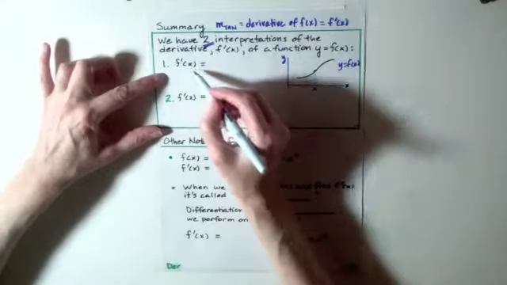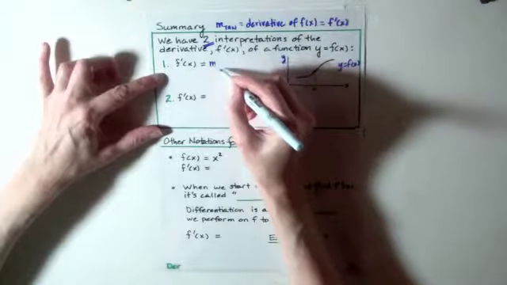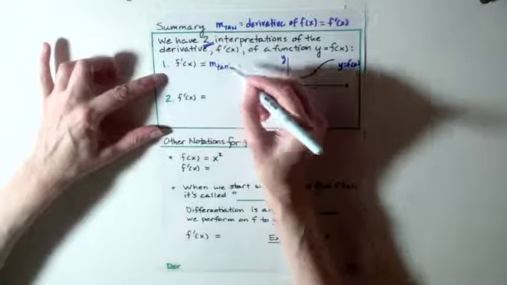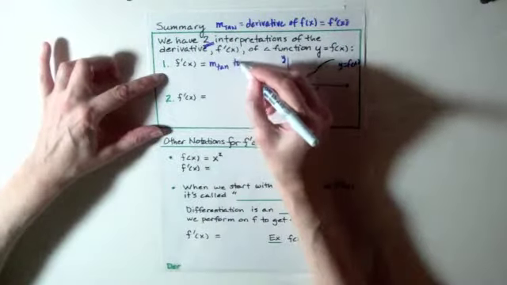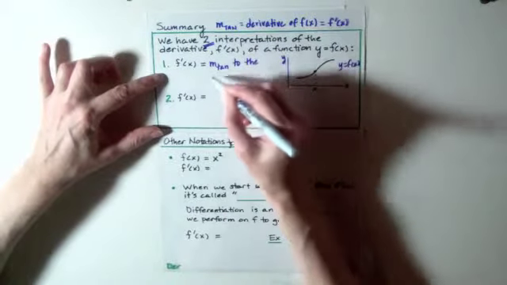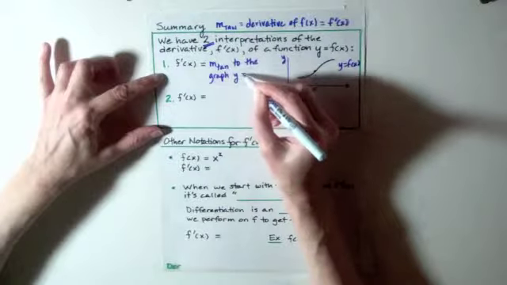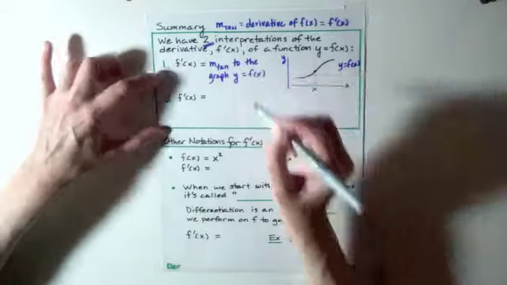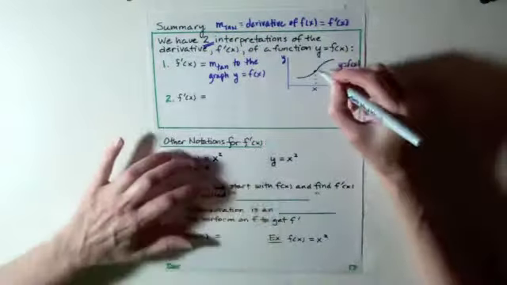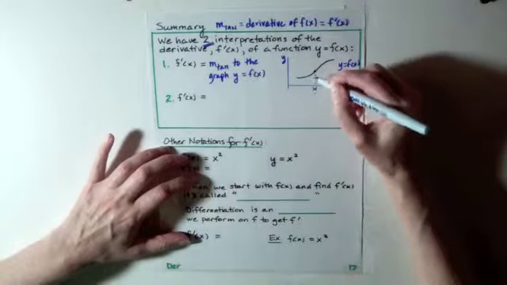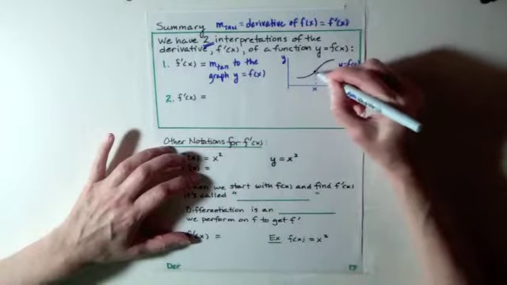We can think of f prime of x as being the slope of the tangent line to the graph of our original function y equals f of x. So one interpretation of the derivative, at a particular value x, f prime of x is just the slope of the tangent line.